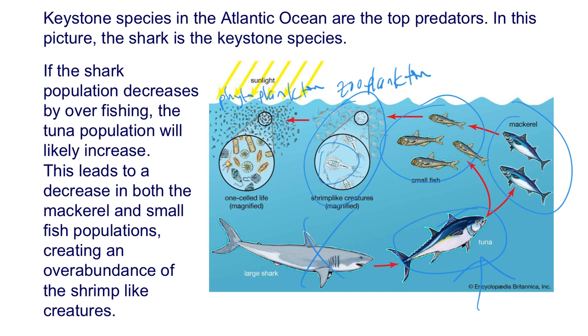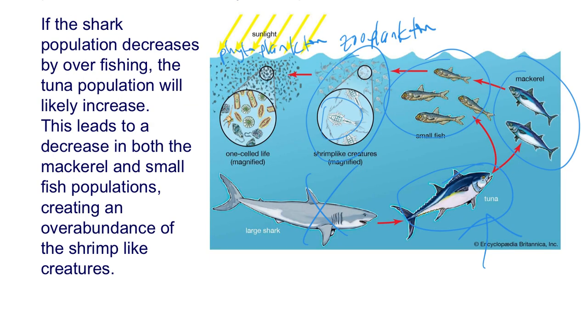Okay, so shark is a keystone species of the Atlantic Ocean. It's also a top predator in the sense that he eats the big fish, like tuna. So once again, fishermen figured, well, let's kill the shark so we get more tuna to catch.